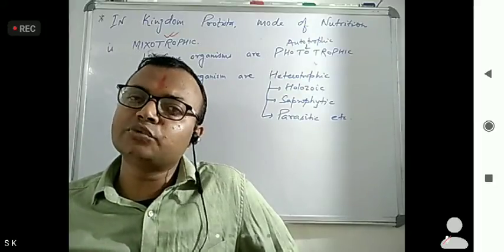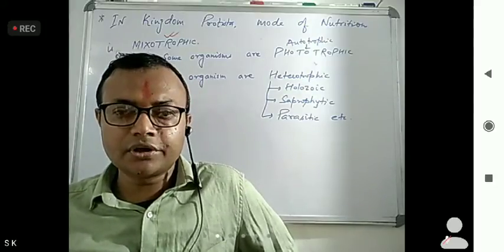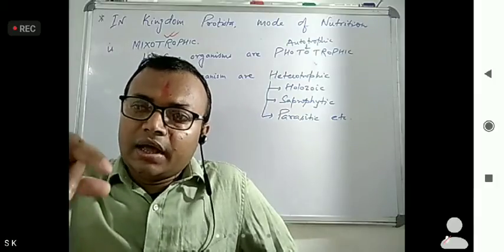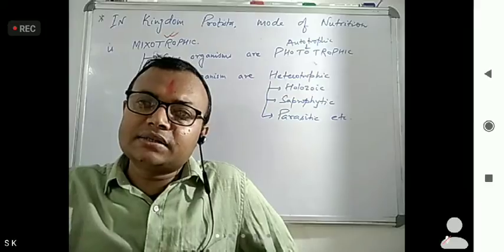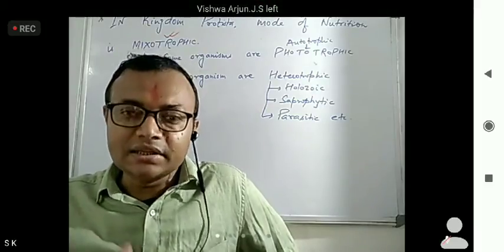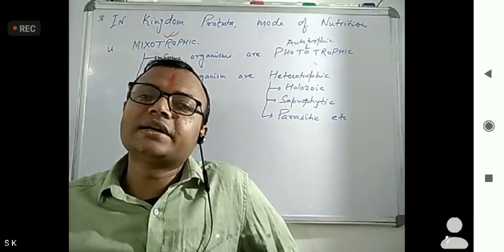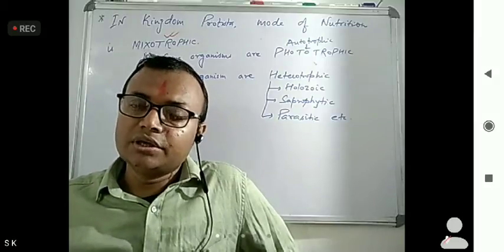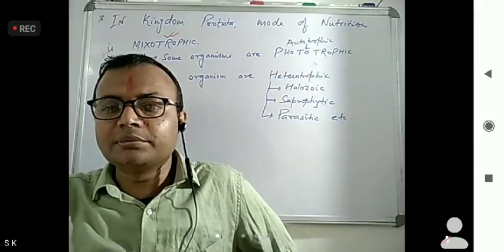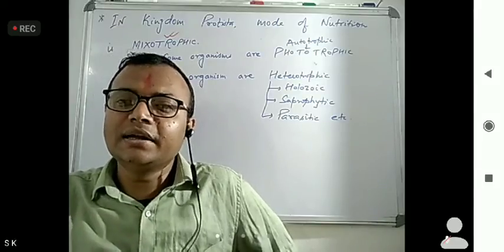In that case, autotrophic. When they move and come into the shaded area, sunlight is not present. In that case, they are acting like a parasitic nature. So in that case, heterotrophic. So Euglena is the connecting link between plants and animals.